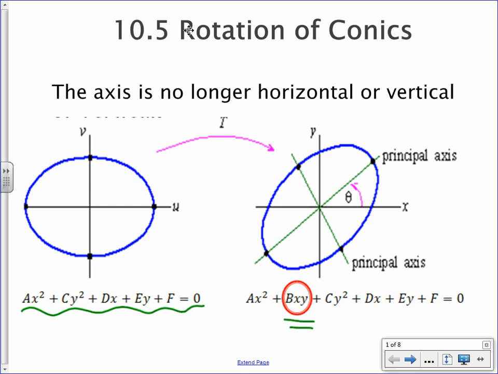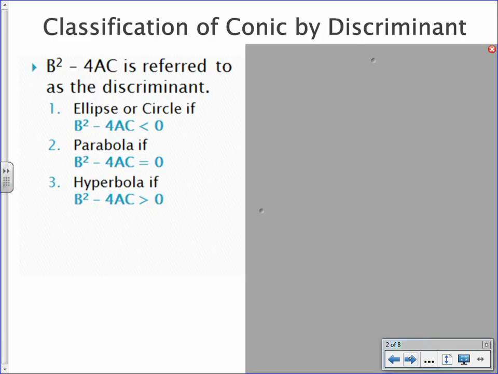Eventually we're going to have to find this angle of rotation, which is why we did those few problems on the board this morning. We have to find this rotation so we know how far to rotate our conic. So let's first talk about how we identify the type of conic.